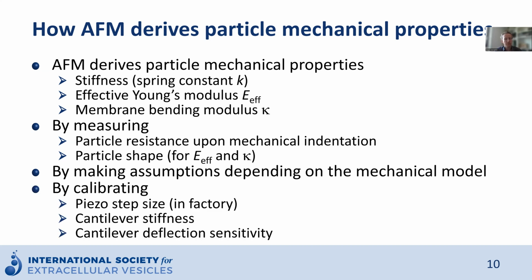Finally, we still require the calibration of the piezo step size, similar to imaging, but now in addition, we also need to calibrate the cantilever stiffness and the cantilever deflection sensitivity. The cantilever stiffness is often provided by the manufacturer, but the deflection sensitivity, which is a measure for how strong a signal you see on the detector based on the bending of your cantilever, depends, amongst others, on the position of the laser spot on your cantilever.